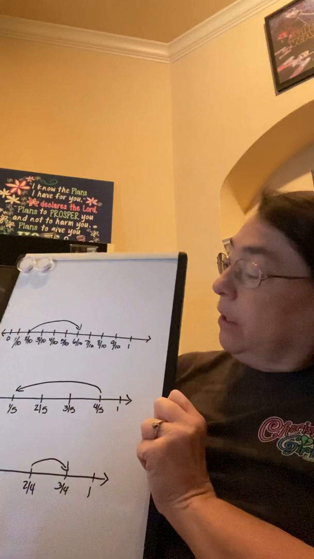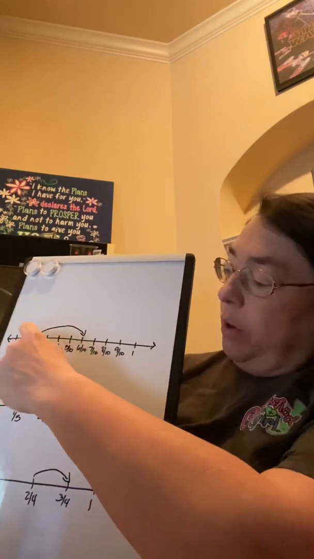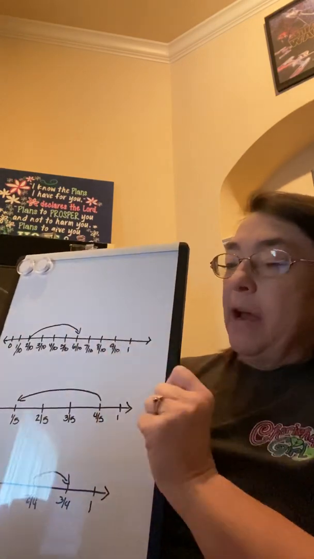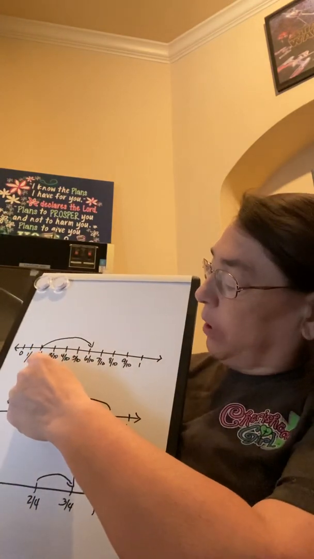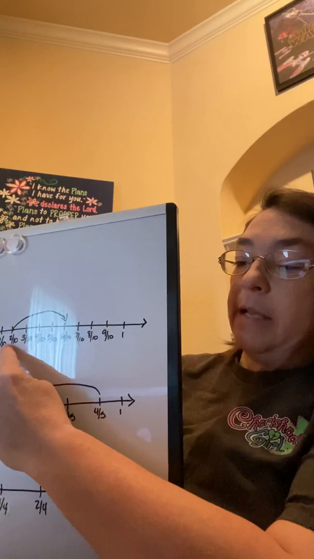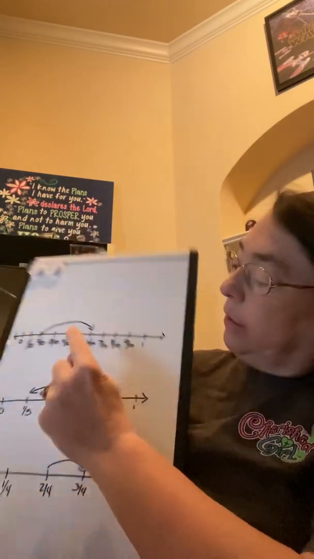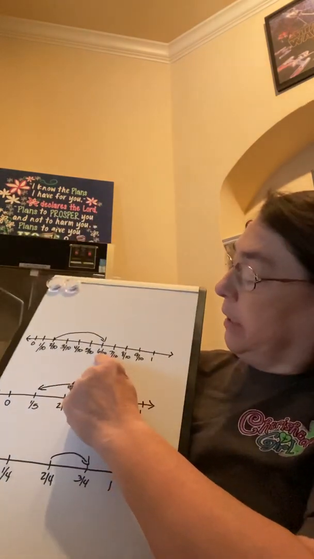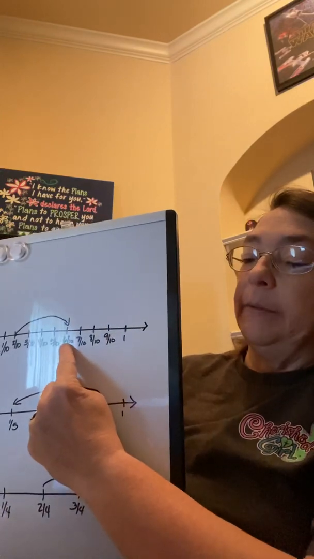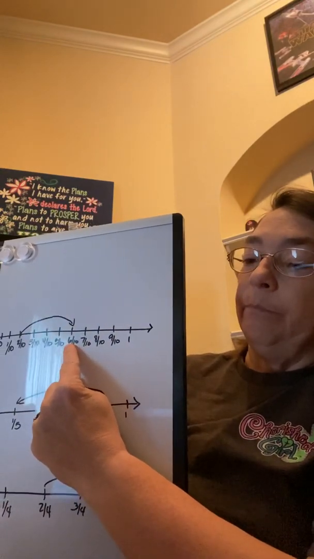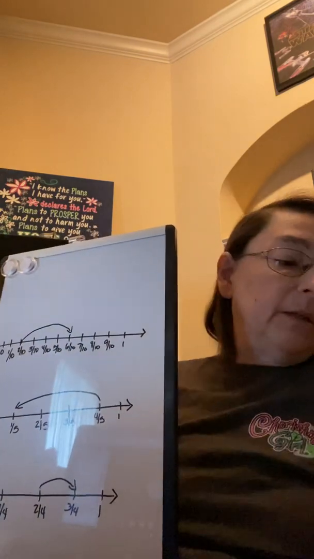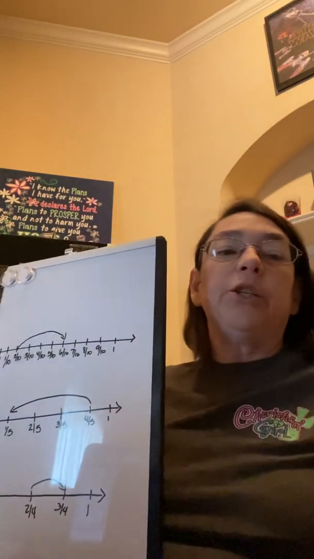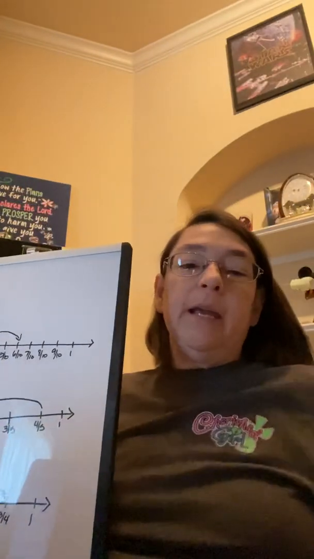All right, so when the arrow goes forward, that means we're adding. So on this particular one, I would add 2 tenths plus where my arrow stopped, 6 tenths. So 2 tenths plus 6 tenths would be the equation it would want me to write down.